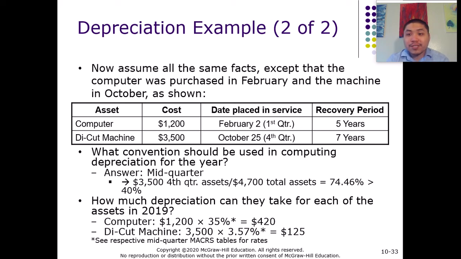You just need to navigate through those tables, pick the correct rate, and also pick the correct convention. That's all you have to pay attention to. Even though it seems quite complex, it should not be that difficult. The more you do, the more familiar you get with the process, and you'll do it very quickly.